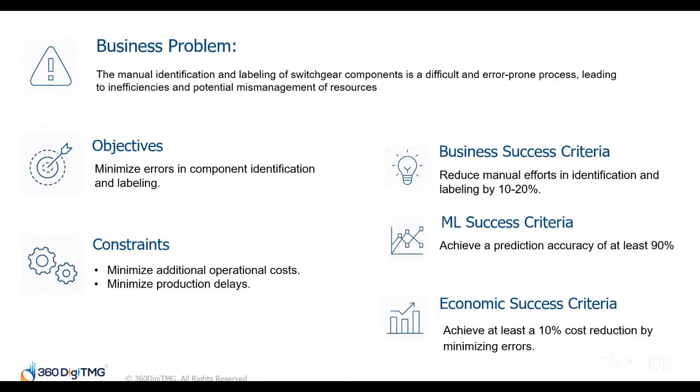Let us see about the economic success criteria. Achieve at least a 10% cost reduction by minimizing errors. Since the work is happening manually, the error rate will be quite high, which will in turn increase the cost.